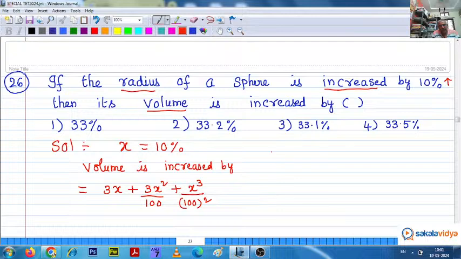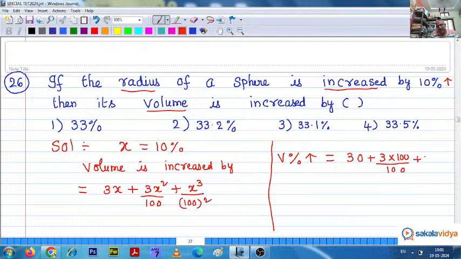Here substitute x, so that means percentage of increase in volume is equal to 3 into 10, 30, plus 3 into 10 square 100 by 100, plus x cube. So x cube means actually you can write 1000, 10 cube is by 100 into 100.